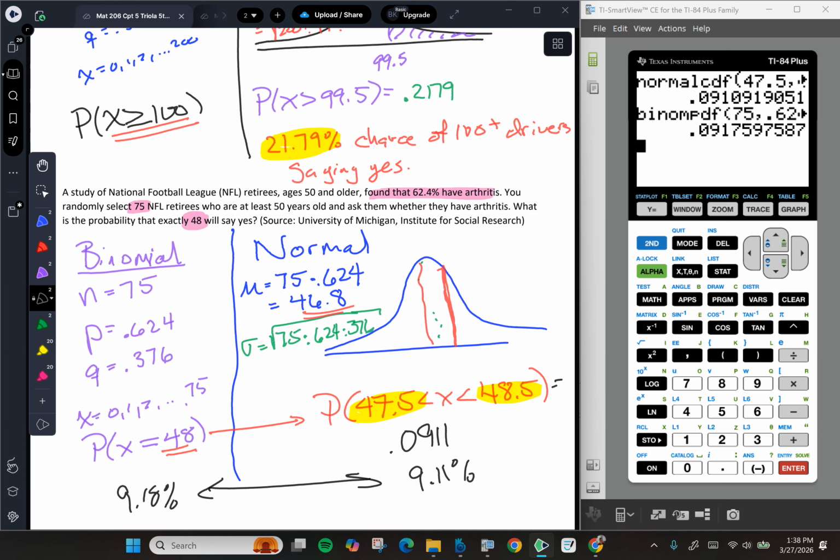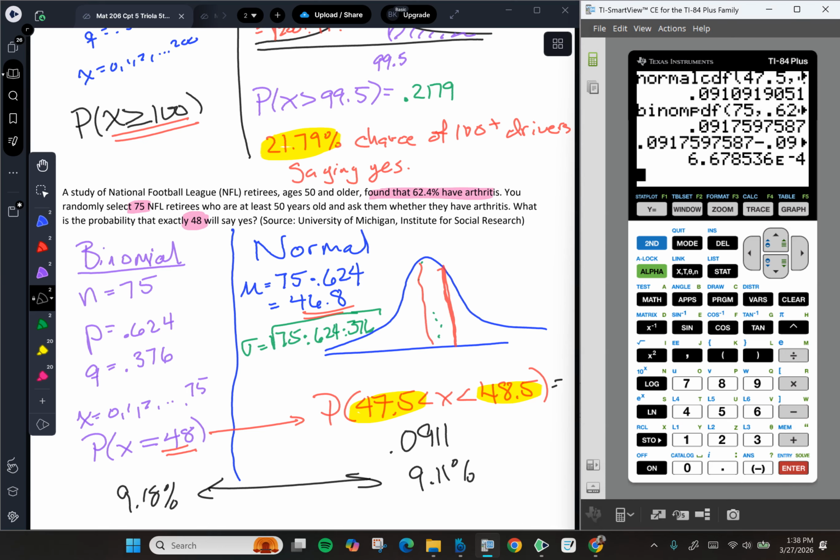And in statistics, we would argue that they're close enough. The difference between these two numbers is a very, very small number, 0.0007 rounded. It's not a significant amount of difference, which is why we love this normal approximation technique.